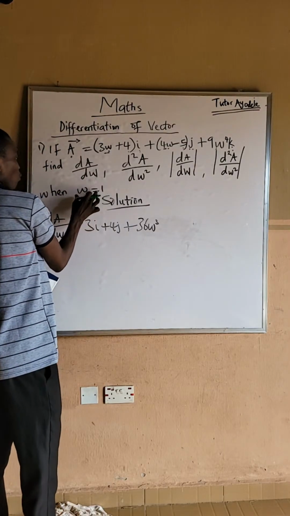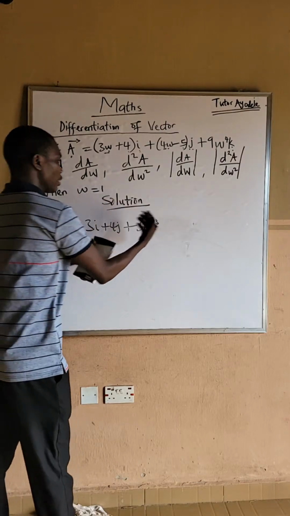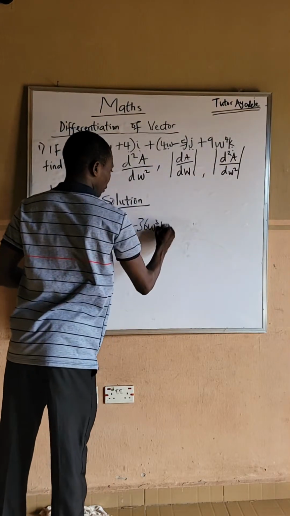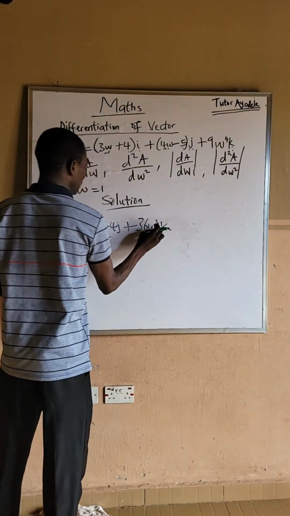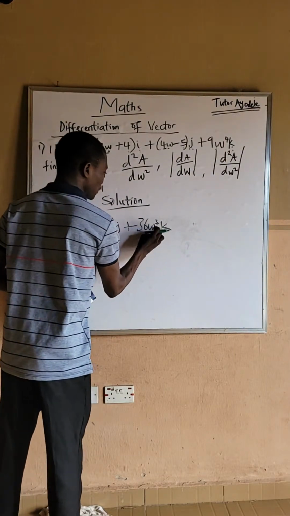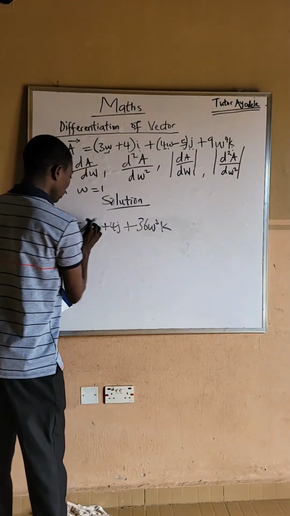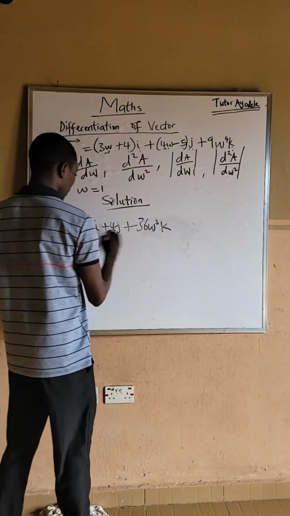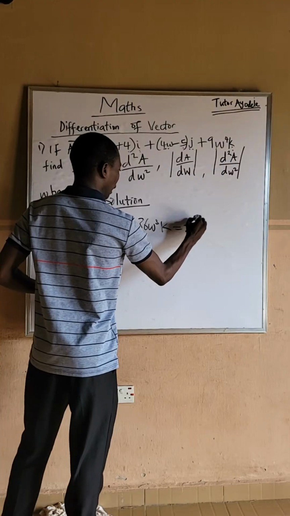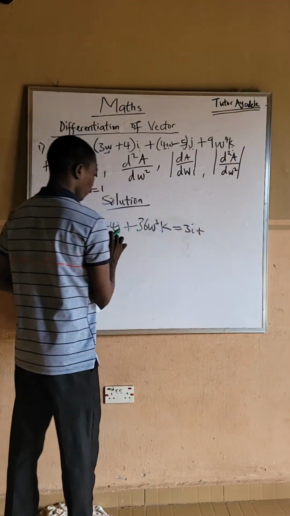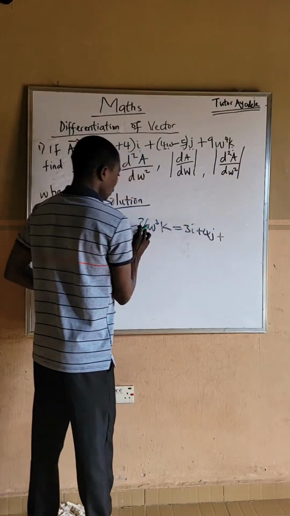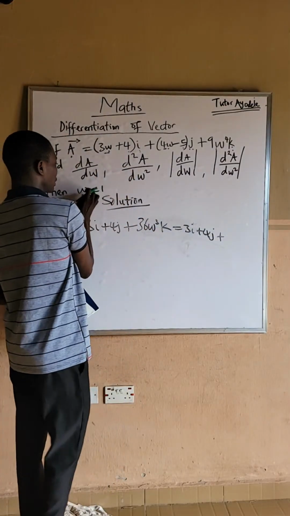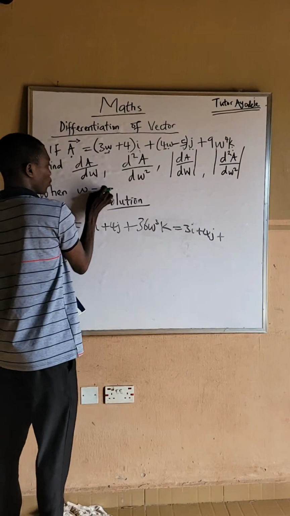So this, when W is equal to 1, let me put K, there's K there. Take note of that, there's K. So, wherever we see W, if we substitute it with 1, here still remain 3I plus 4J plus, now I'm replacing W with 1.